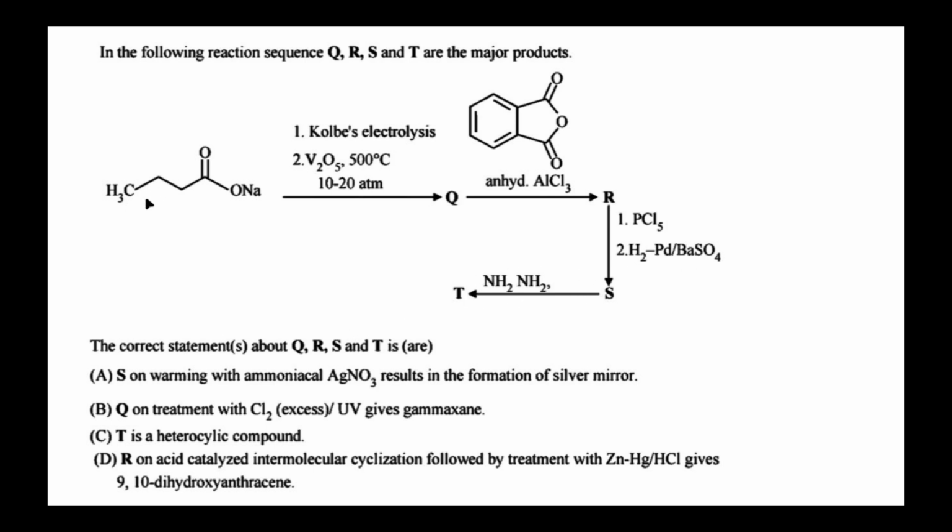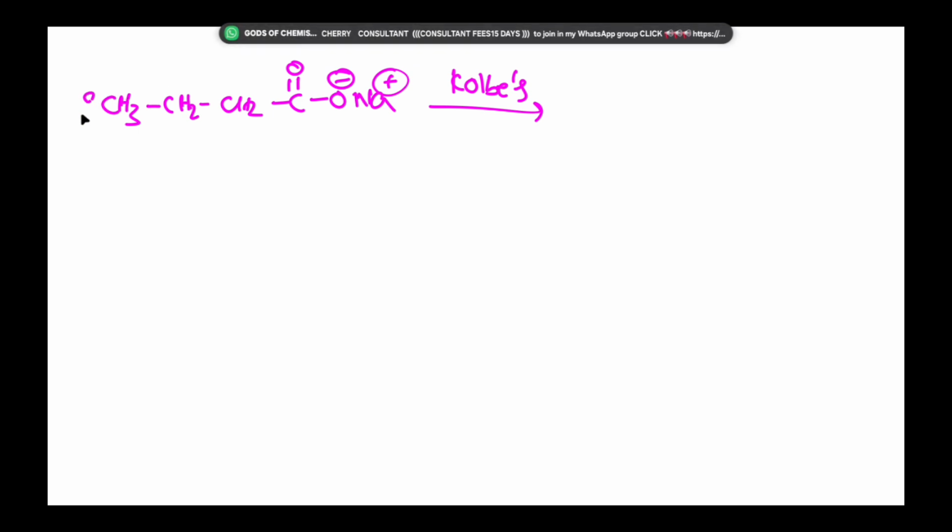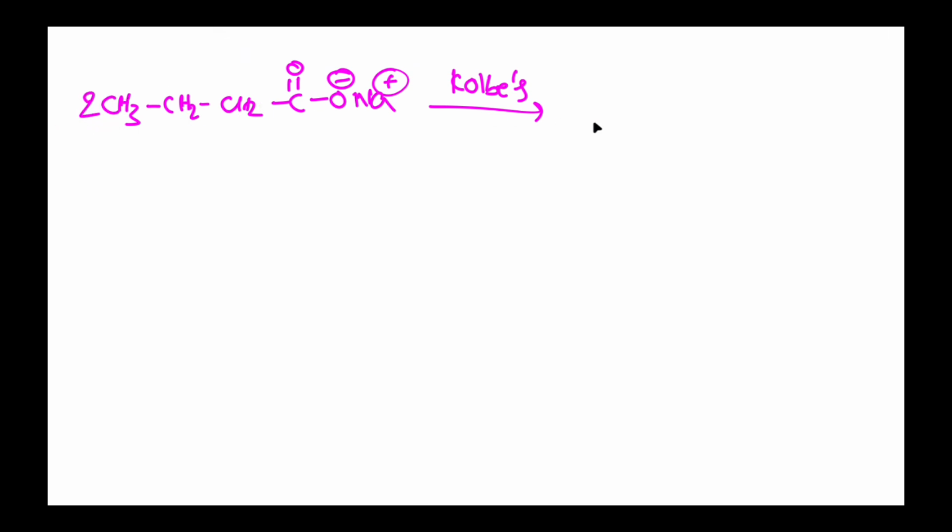If you see that reaction, first the sodium salt of a carboxylic acid undergoes Kolbe electrolysis. Here the sodium salt of butanoic acid undergoes Kolbe electrolysis. We know very well that the starting compound is required in 2 moles. Here the reaction proceeds by a free radical mechanism, so free radicals are formed from 2 moles, and alkanes are formed as the major product.